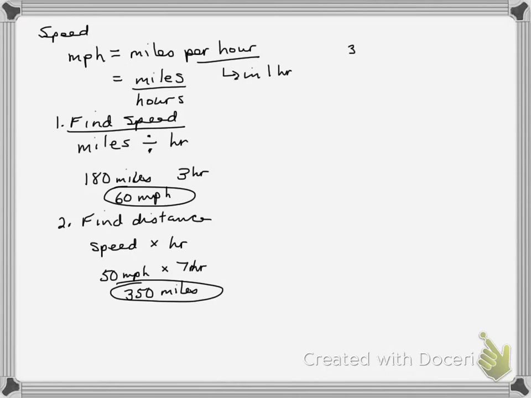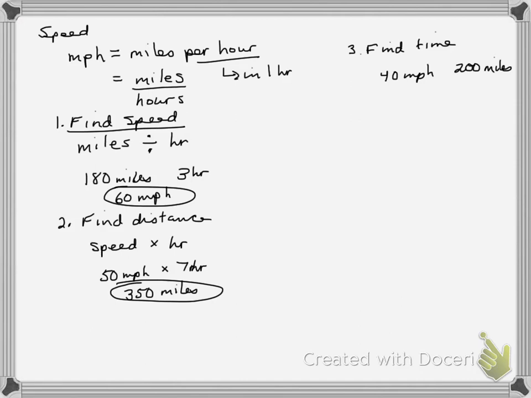Now the third thing I could ask is find the time. So if I am given the fact that I'm going, let's say, 40 miles per hour, and I've traveled 200 miles, how long did it take me?